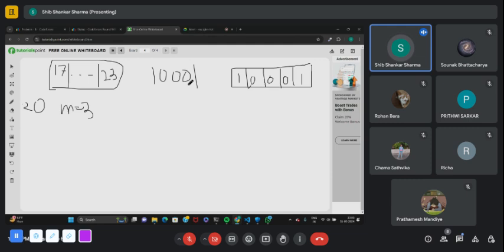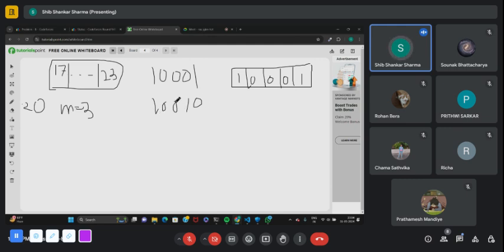Since this bit is set, I can make it 0. Then I will set the other bit, and keep the rest the same. So now I will find the decimal representation of this number, and then check whether that lies within 17 and 23 or not.